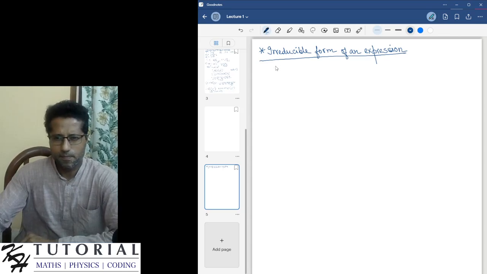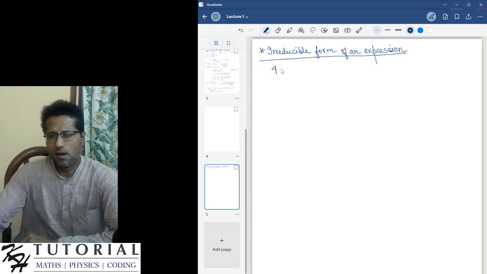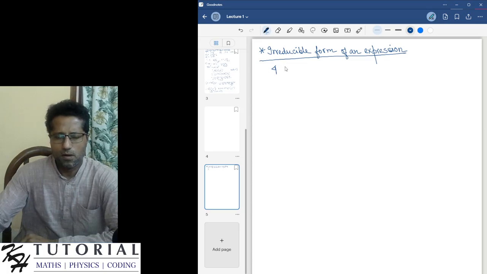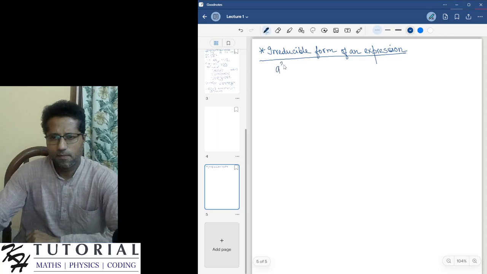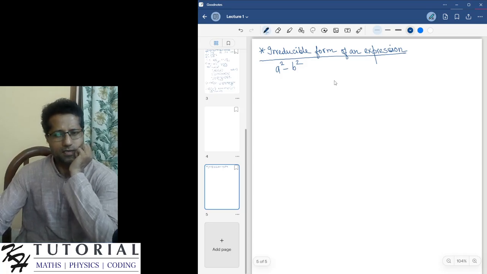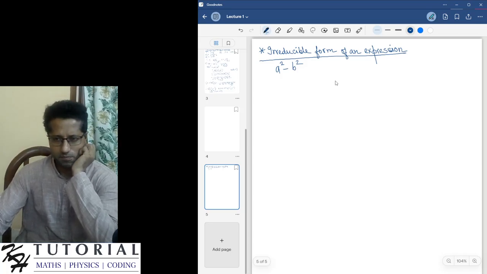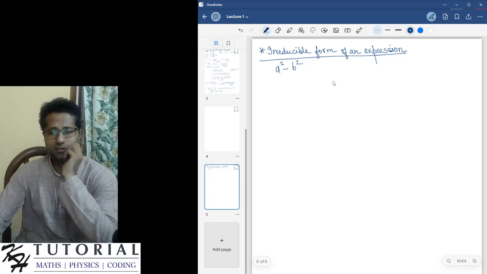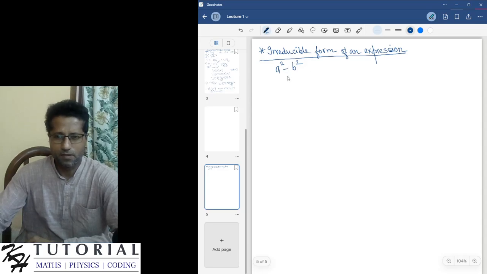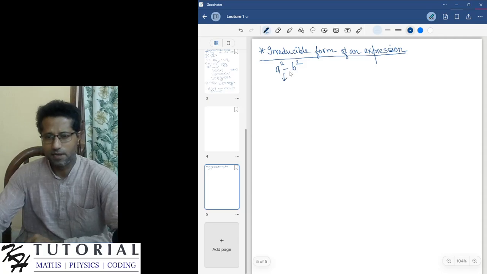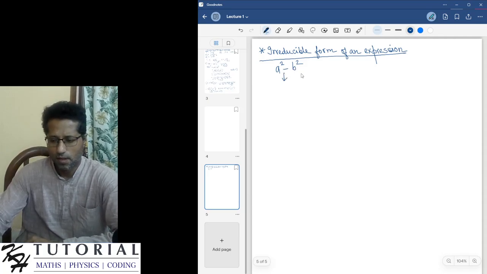Consider this: a square minus b square. This is an algebraic expression. Is this algebraic expression in irreducible form? No, because we can further factorize this algebraic expression into more factors.